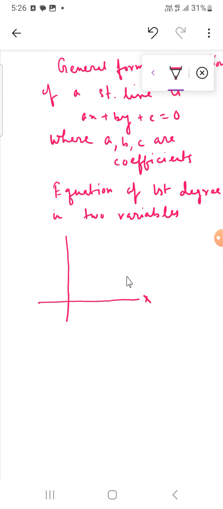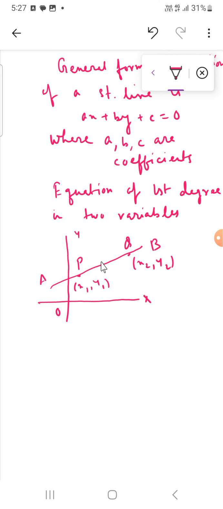This is the x-axis, this is the y-axis, and this is the origin O. If we take a straight line AB, we take any two fixed points P and Q. P is (x1, y1), Q is (x2, y2). They are fixed points, and we take R.